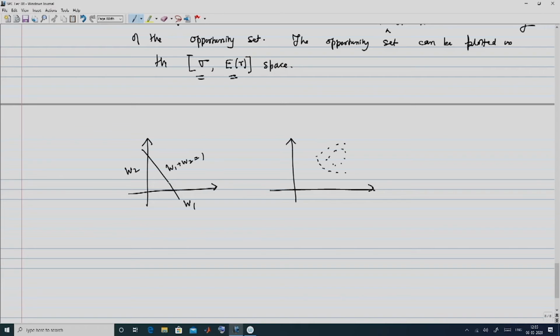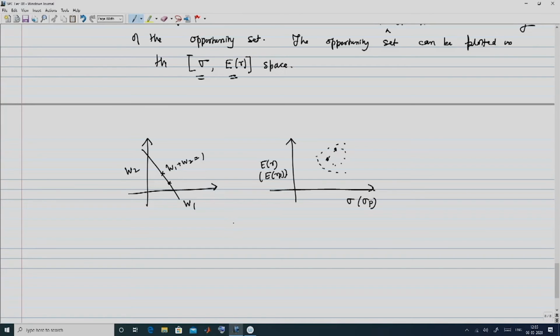So, if I choose a W1, W2 from here, the corresponding sigma, which is sigma p, and the corresponding E of r, which is E of r p, might be this point here. Likewise, if I choose this pair of W1, W2, the corresponding value of ER and sigma in the ER sigma diagram could be here.